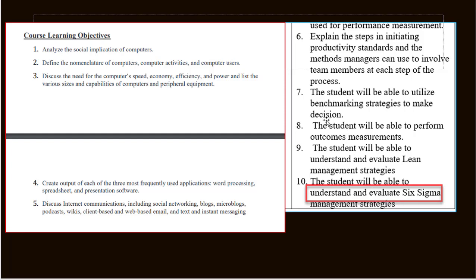The same thing: the student will understand and evaluate lean management strategy. In this one, there's analyze, define, discuss. A tip when you're writing your objectives: see if you can write them, especially for the course, from the simplest to the most complex. Hope this is very helpful.